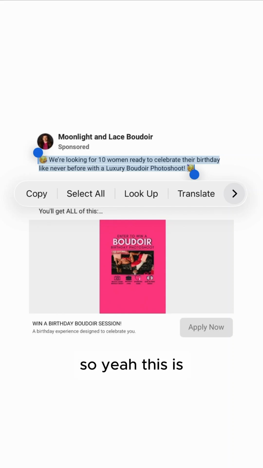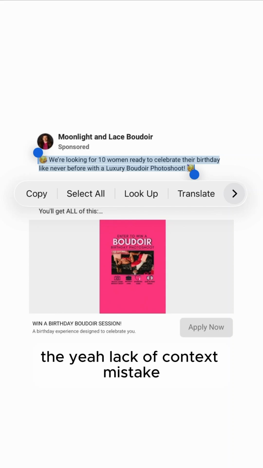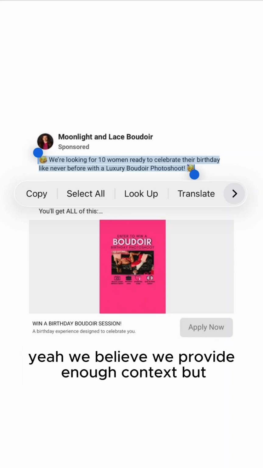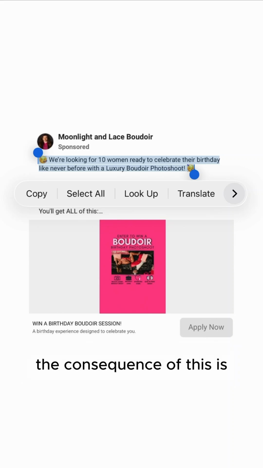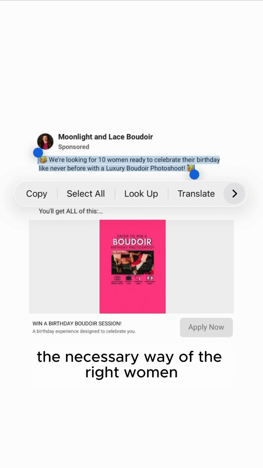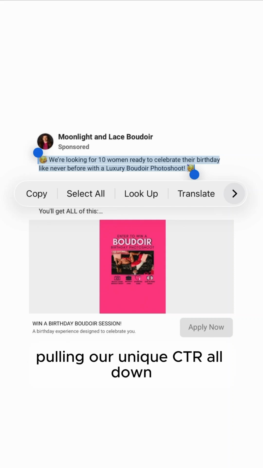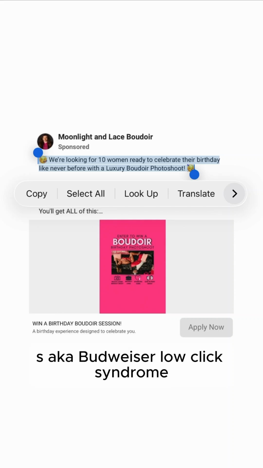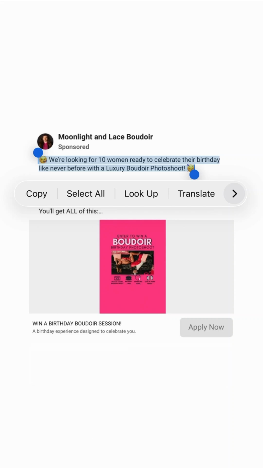Yeah, this is the lack of context mistake. The false belief that caused us to make this mistake is, we believe we provide enough context, but the consequence of this is, we actually have way more women scrolling by than necessary, way more of the right women, pulling our unique CTR all down and pointing to us having BLCS, aka Boudoir low click syndrome, increasing that probability.